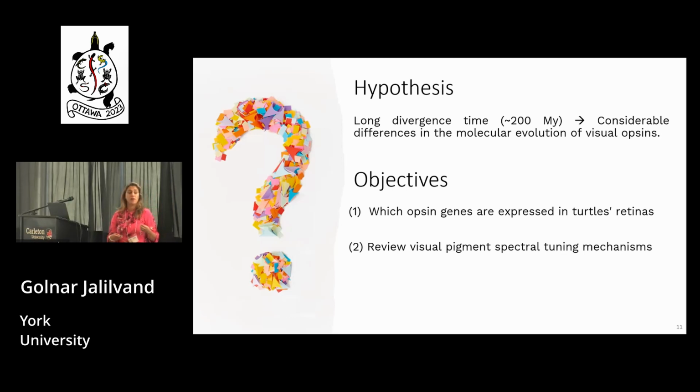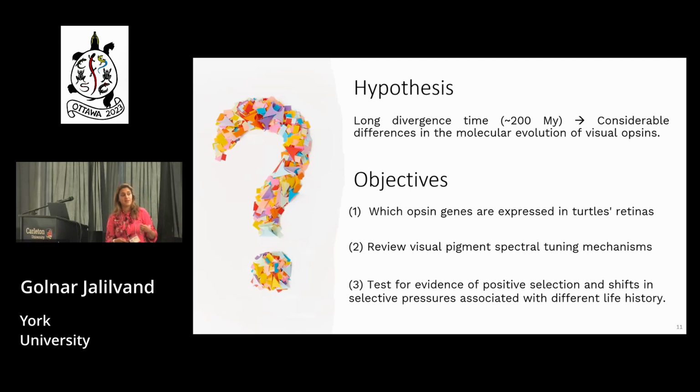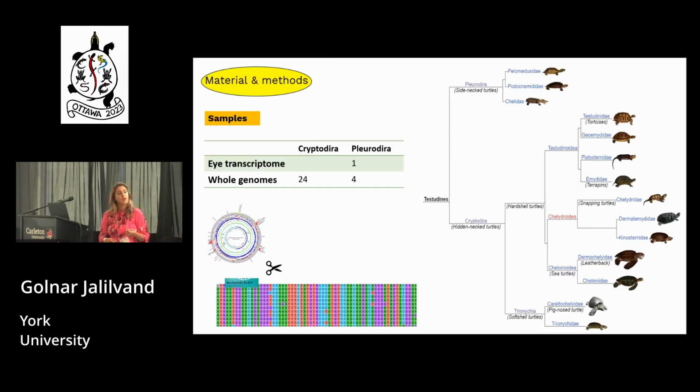Then we reviewed visual pigment spectral tuning mechanisms, and at the end, we tested for evidence of positive selection and shifts in selective pressures between these 2 different groups of turtles. I'm going to go through each objective and report the result, and then the next one.